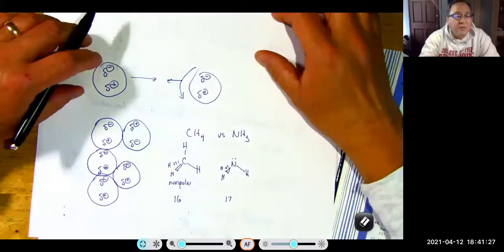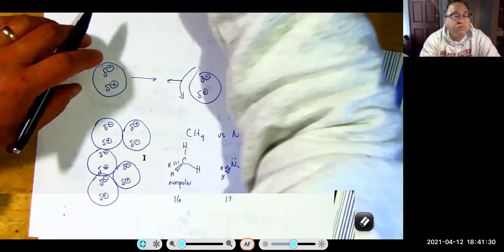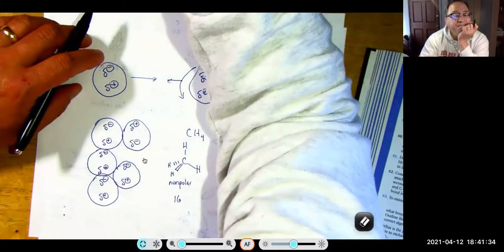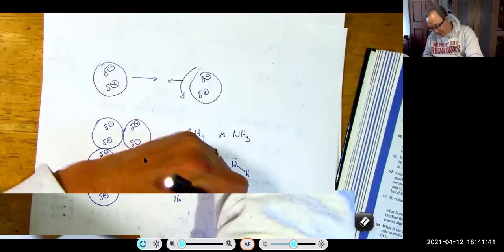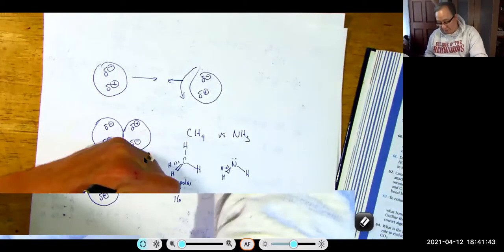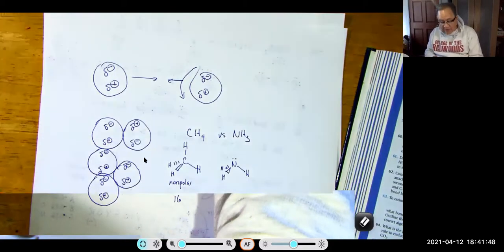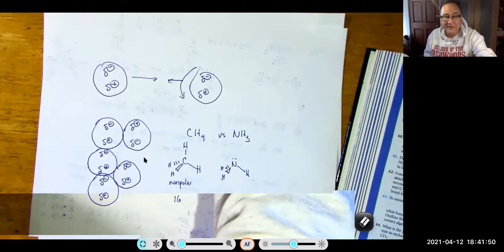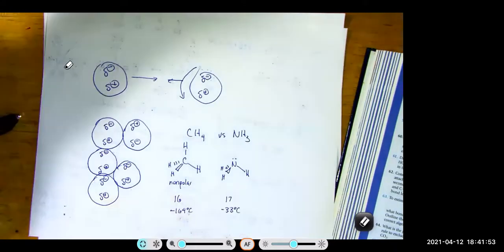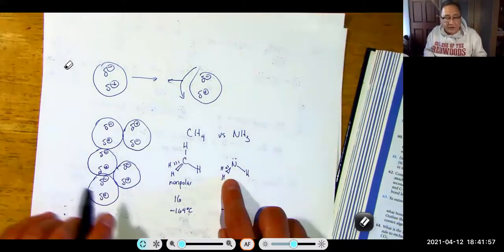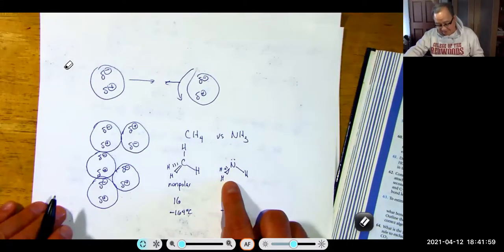And so their boiling points are: this guy is minus 33 degrees Celsius, and this guy is minus 164 degrees Celsius. Do you see how different they are, even though they only differ by a mass of 1? That's not normal. So why do these guys take so much more energy to separate from one another?